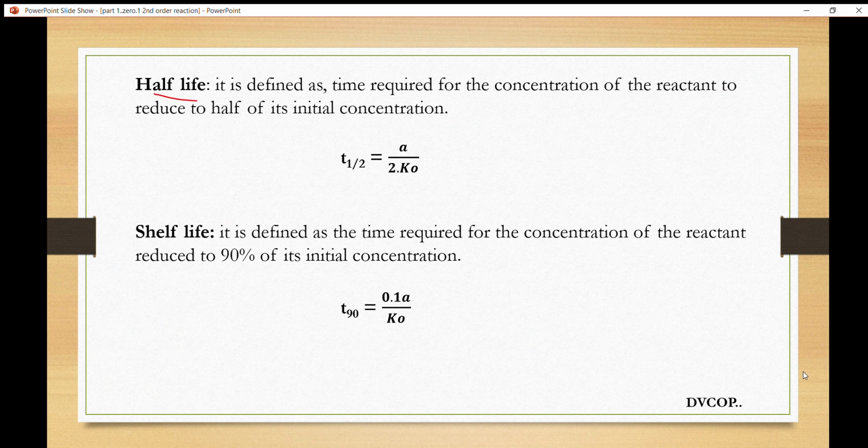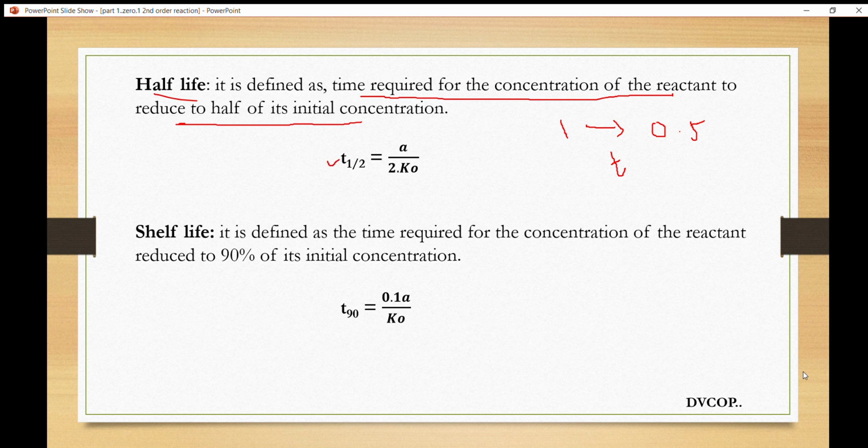Next, half-life is defined as the time required for the concentration of the reactant to reduce to half of the initial concentration. Suppose the initial concentration is 1 and after some time it is reduced to 0.5, meaning 50% of the concentration is reduced, and the time required for this change in concentration is known as the half-life.